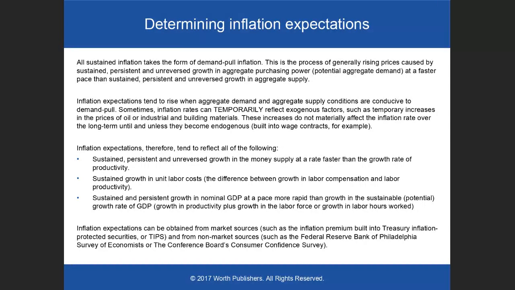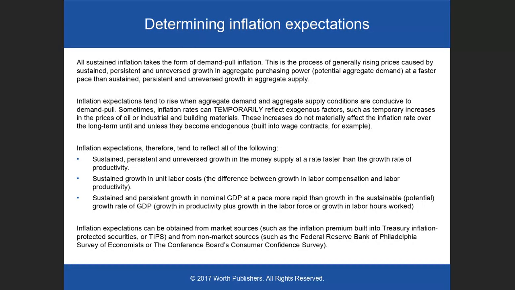And what exactly is demand pull? I hope you studied this in Economics 101, but if you didn't, demand pull inflation comes about when, for whatever reasons, the growth of aggregate spending power on a sustained basis, I don't mean for 1 month or 2 months, I mean it just keeps growing and growing and growing.